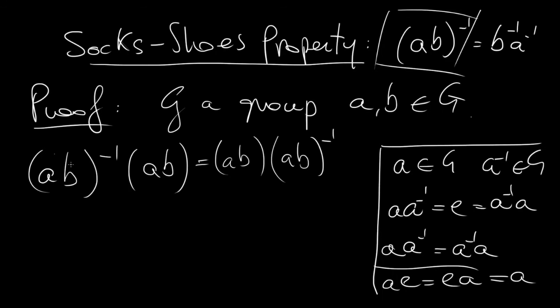So we have the identity equal to (AB) inverse. Let's multiply the identity. Again, I'm sorry, I'm using multiply, but I mean operate.